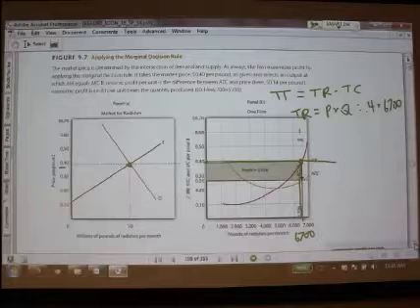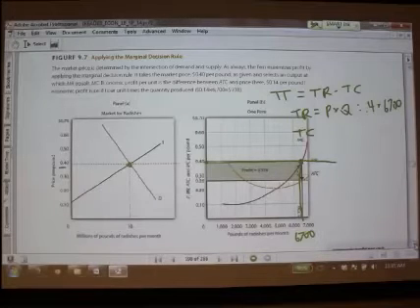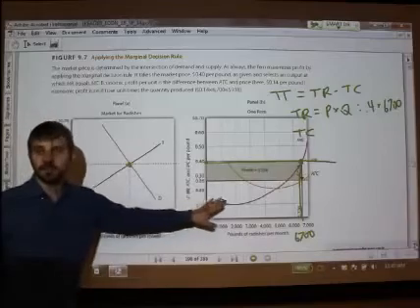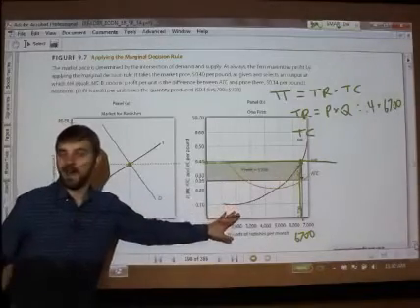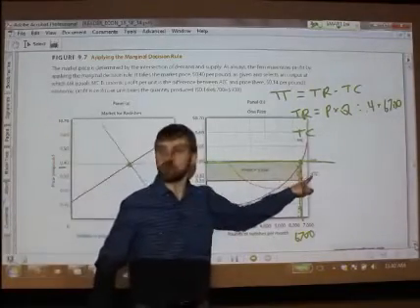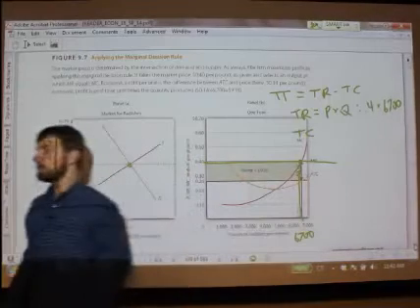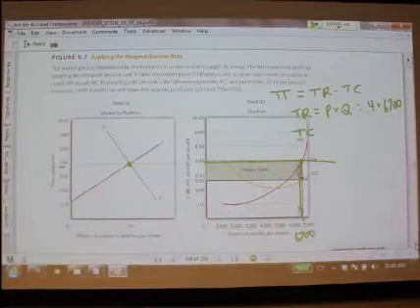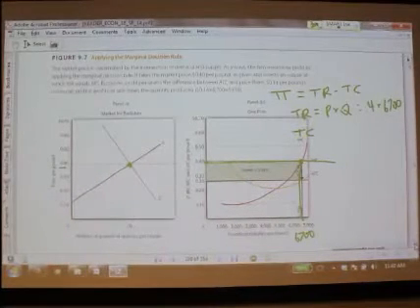What about total costs? Are total costs shown anywhere on this figure? No, they are not. But what is shown is average total cost. So let me write the formula for average total cost, and then you'll see where we get total cost from.